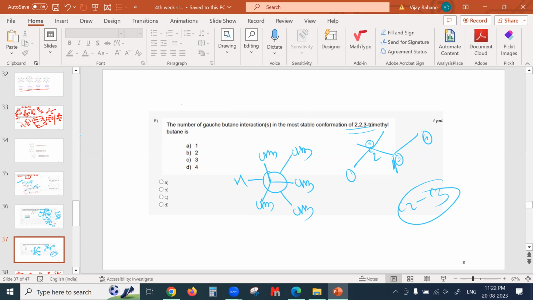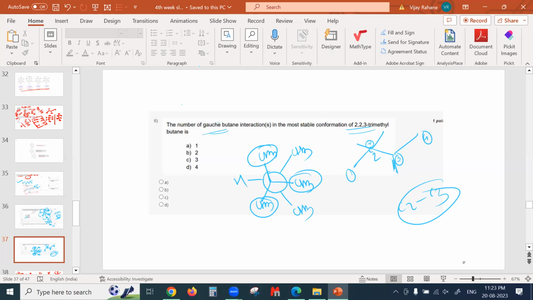So what is the possible structure? Here you can see the front side is almost symmetrical because it already has 3 methyl groups. There is no other possible structure for this molecule, because if you rotate the molecule by 60°, it forms the eclipsed conformation, which is obviously unstable.